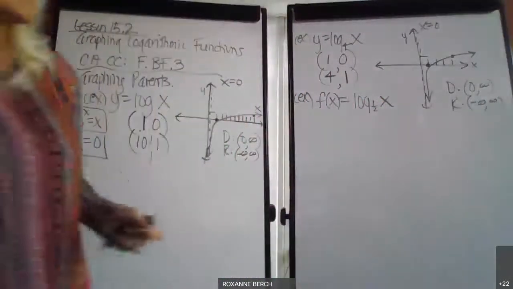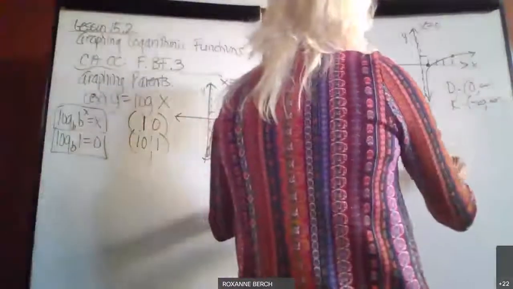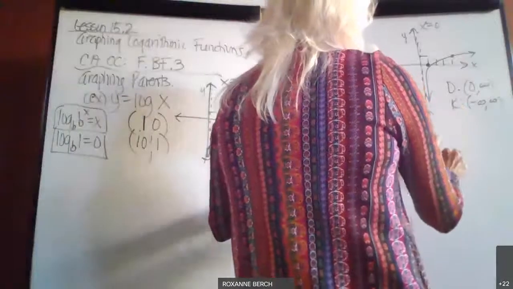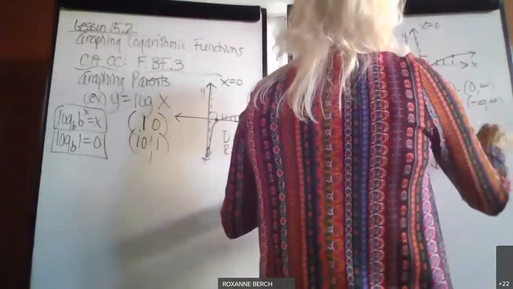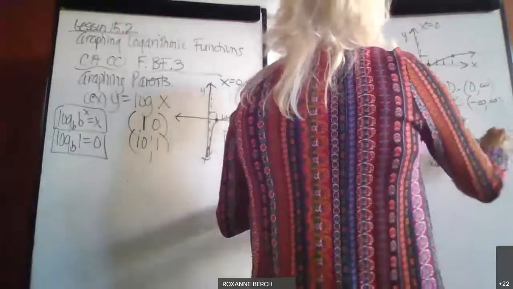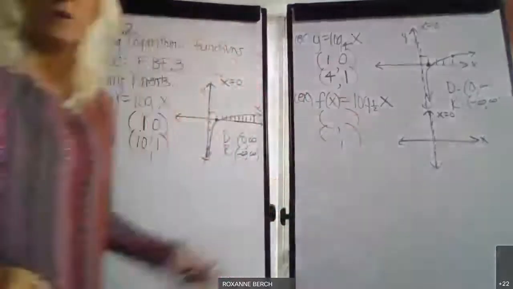Well, same thing, that is a parent, and it does have a vertical asymptote at x equals 0. And we want to pick 2 x's to graph. So what is the first x you would pick?